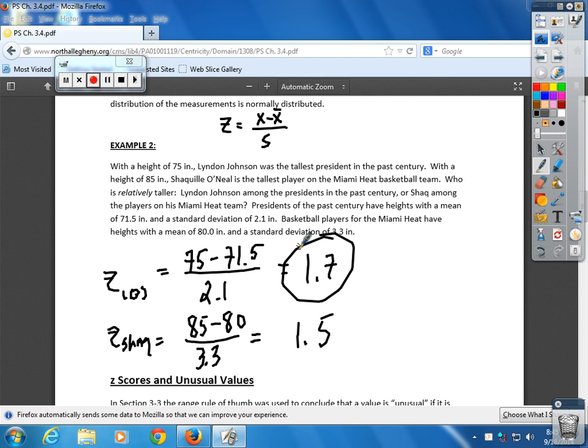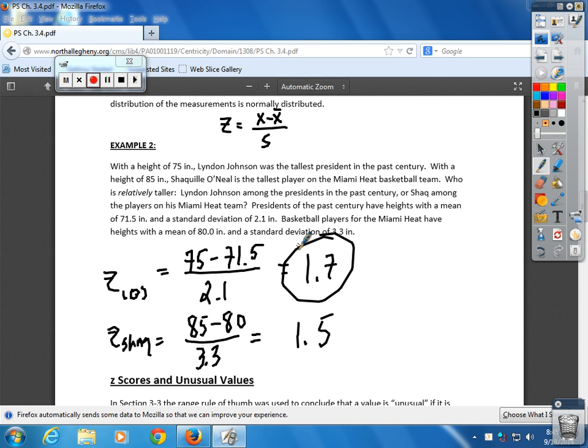That is saying that if you take the two populations into consideration, LBJ is taller because of his population than Shaq is to his population. Because Shaq is a little fish in a big pond, and LBJ is a big fish in a little pond.